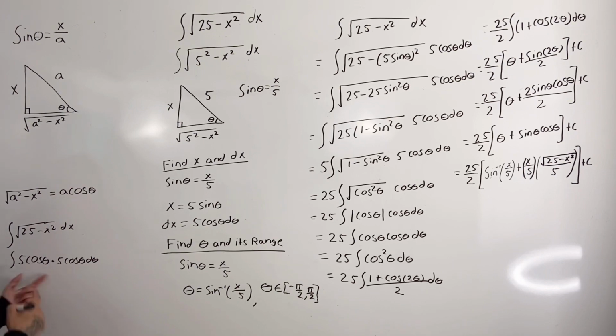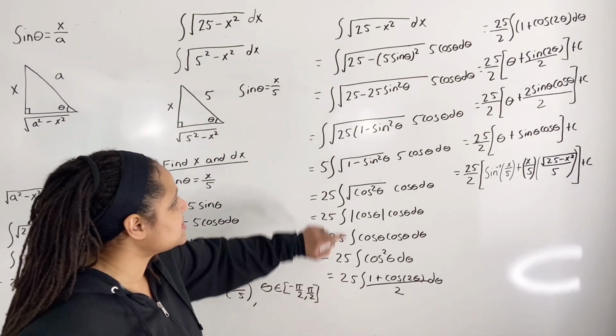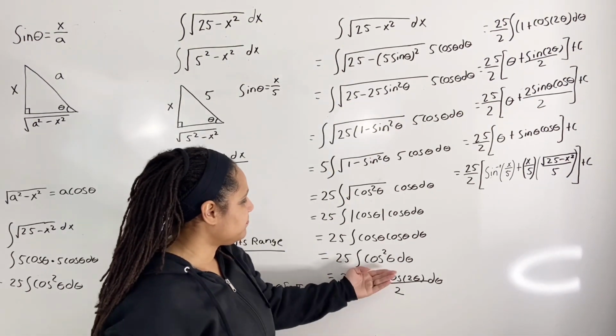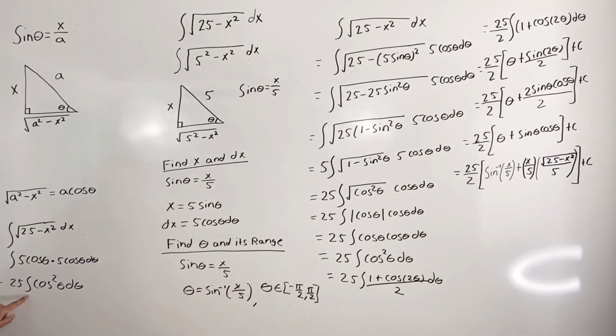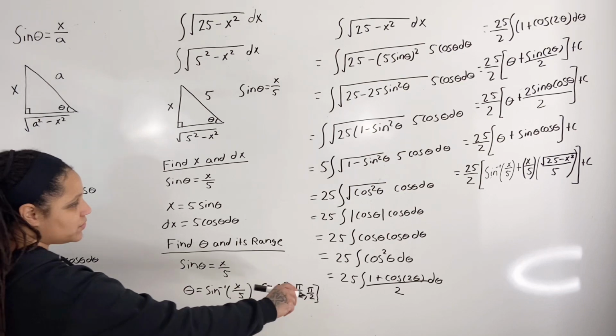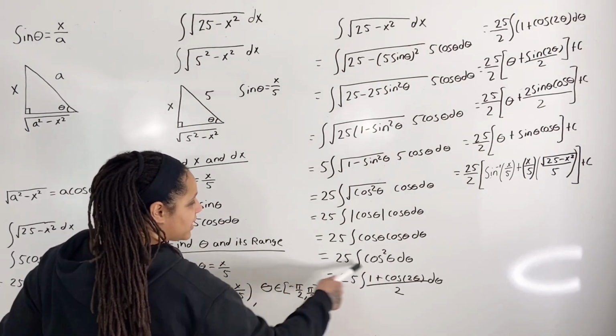And then 5 times 5 is 25, so that's 25 times the integral of cosine squared of theta d theta. And look, we have 2 steps. We're already here. Look at all the steps that we could skip, okay? So this line is equivalent to the line here.